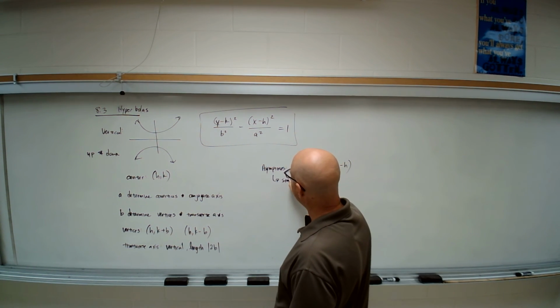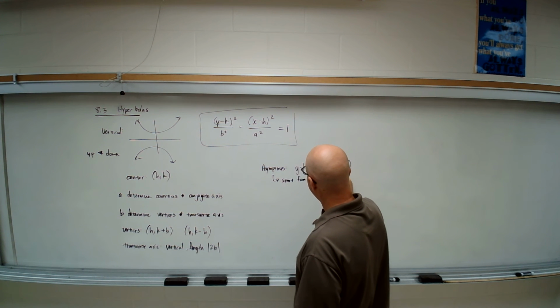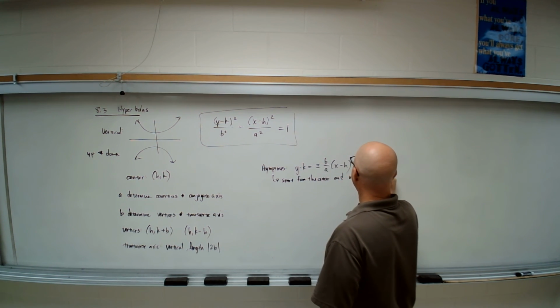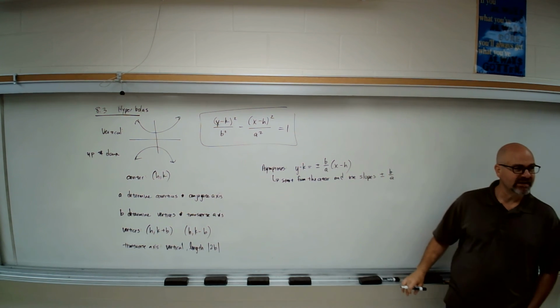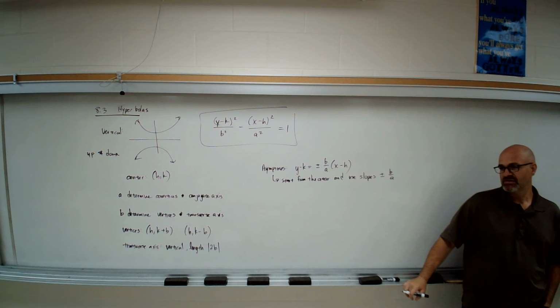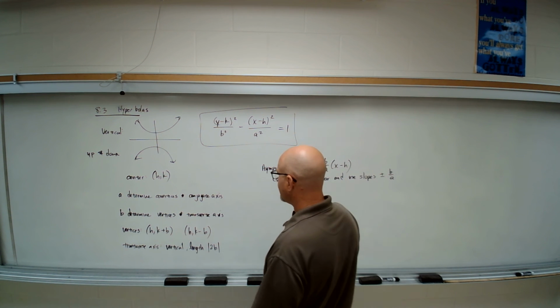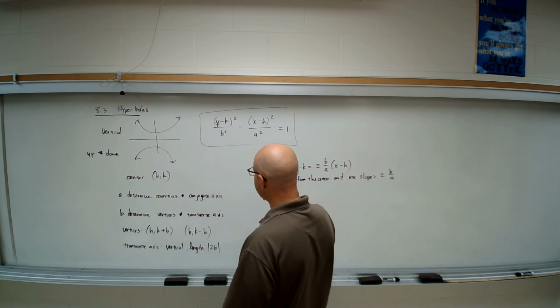What I would recommend you do to graph them is start from the center, and then we use slopes of plus or minus b over a to find a second point on each asymptote, and then we just go ahead and draw it, just like we saw in the last example. Let's see, again, c squared is going to be a squared plus b squared.